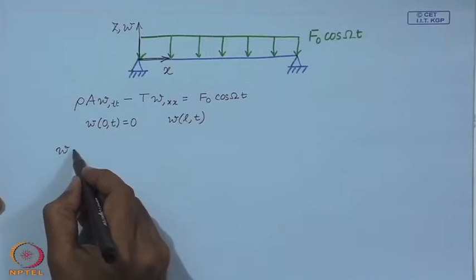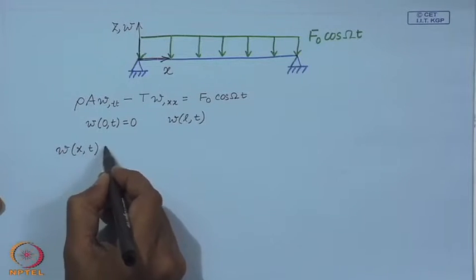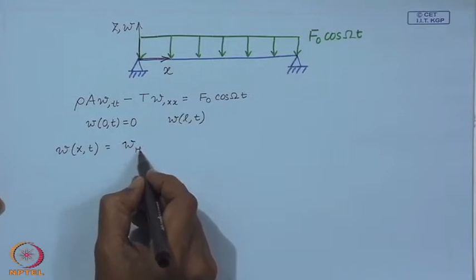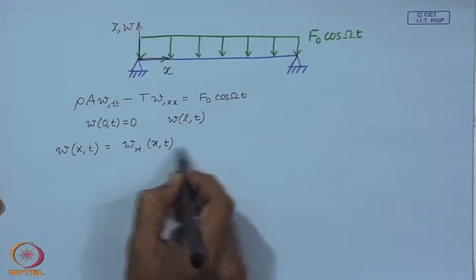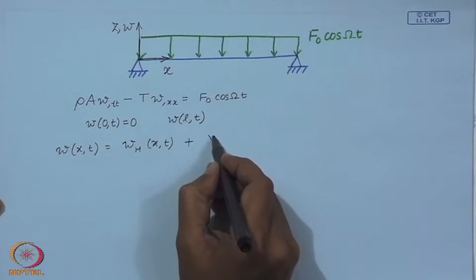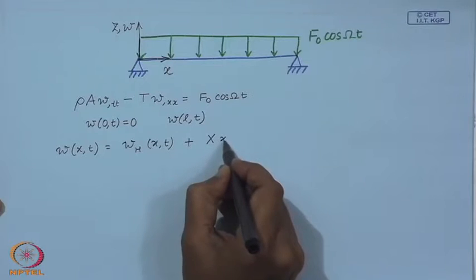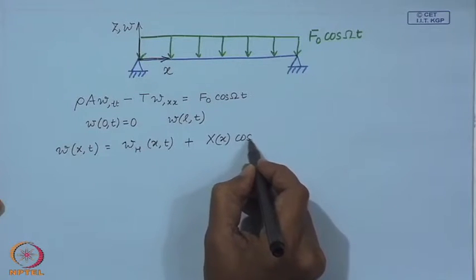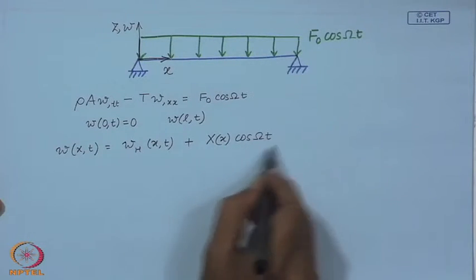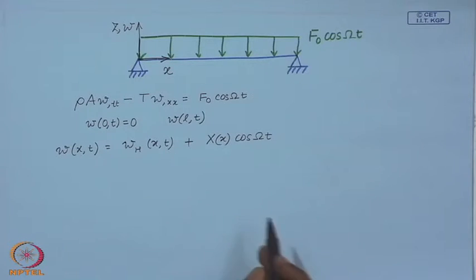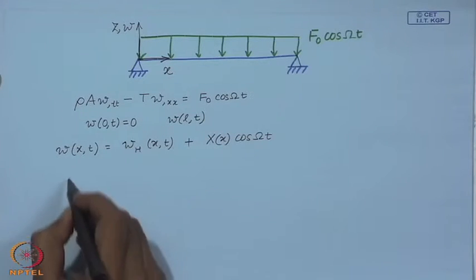So, the solution is a homogeneous solution plus the particular solution in this form, and we have already derived the Green's function.